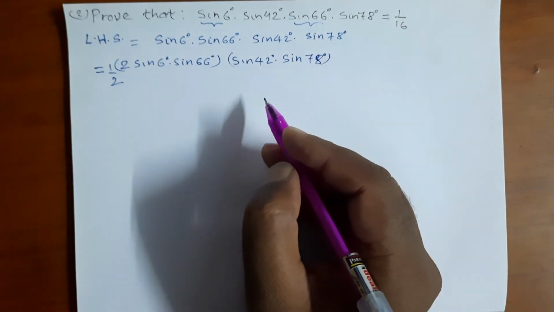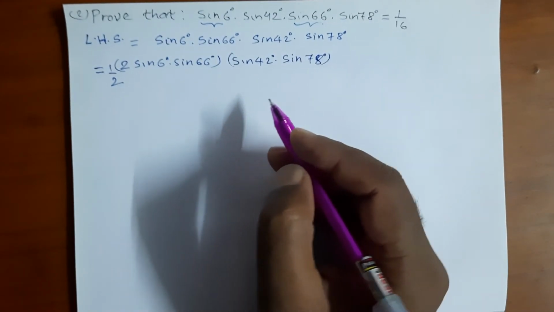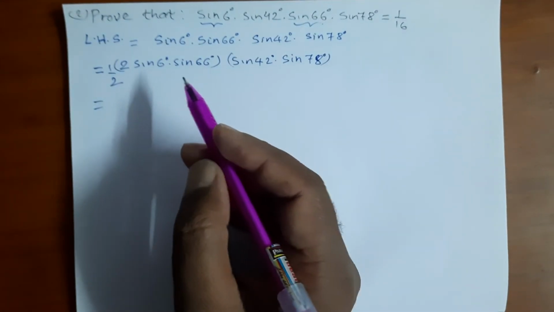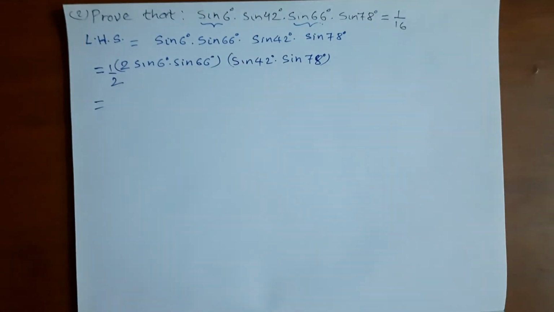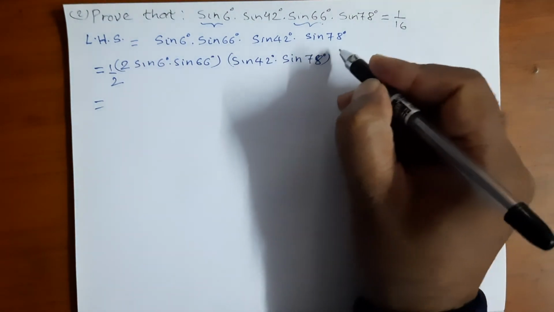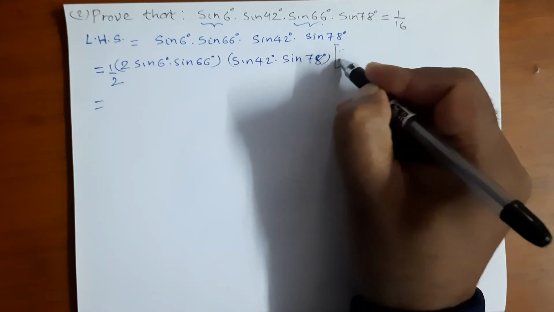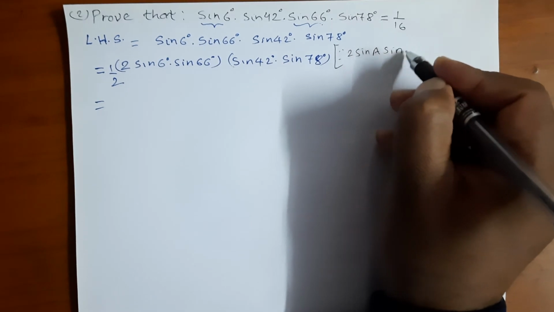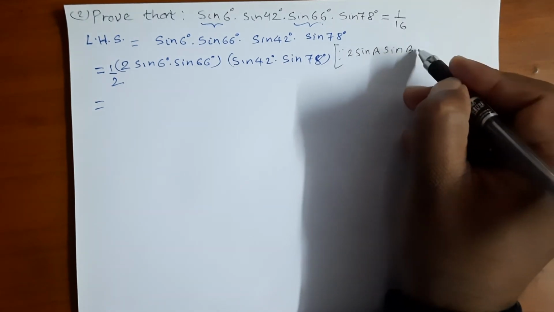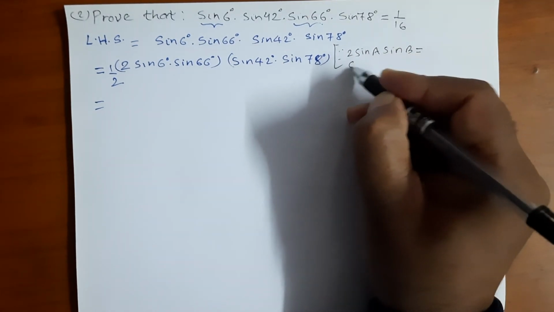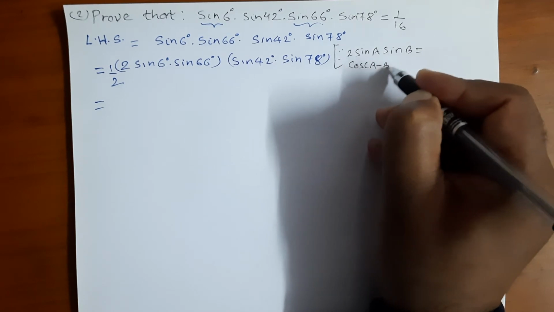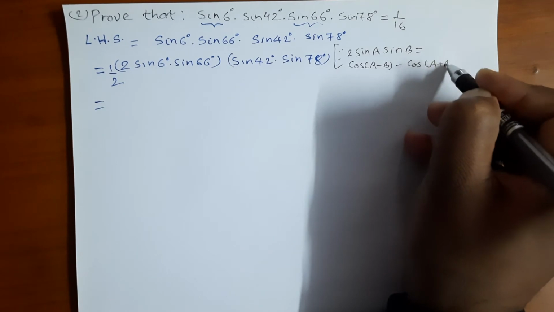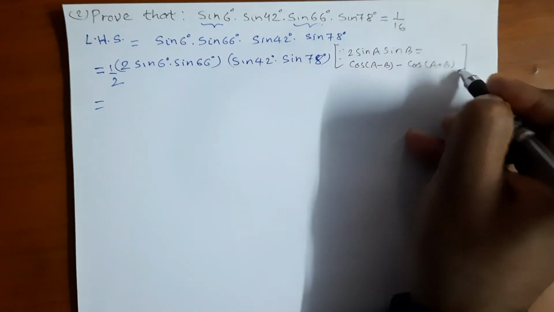Here we can use the 2 sin A sin B formula, and as you know, the formula for 2 sin A sin B is cos(A minus B) minus cos(A plus B).